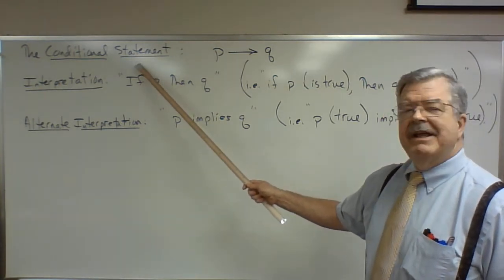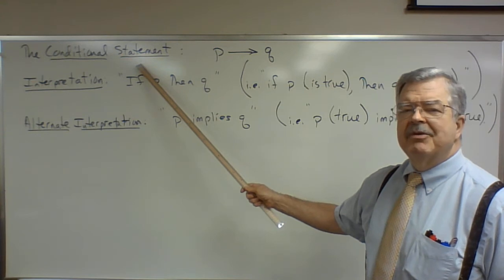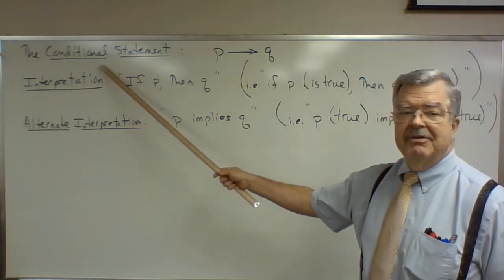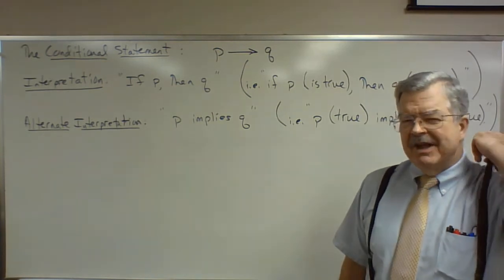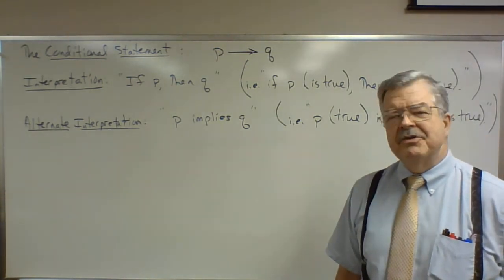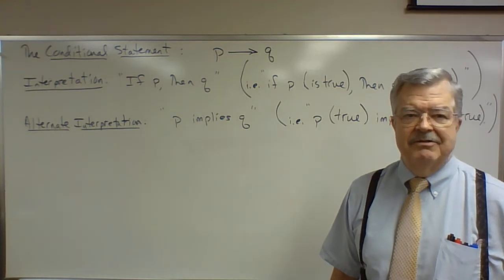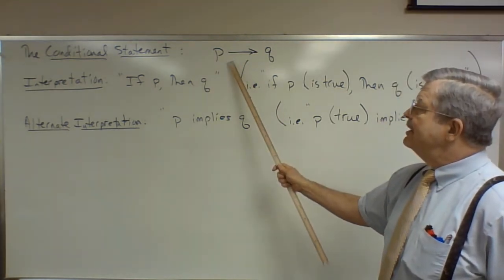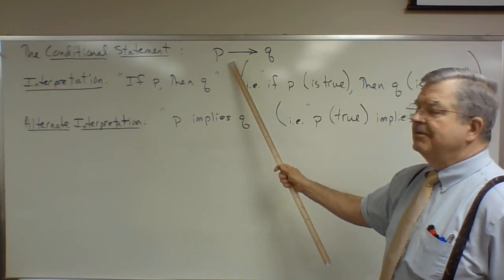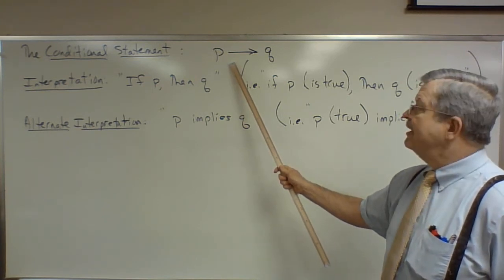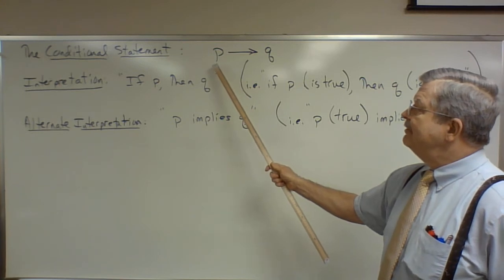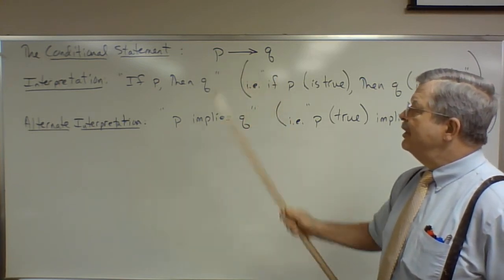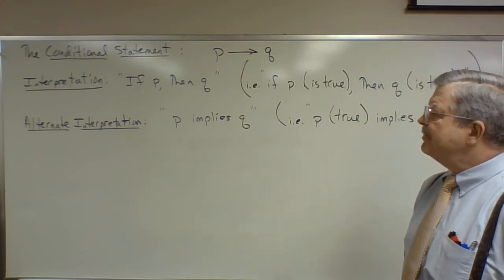Another example of a compound statement is the conditional statement, which I guess implies that it's true under certain conditions. Here is how the conditional statement is written symbolically. It connects the statements P and Q with this arrow pointing to the right.